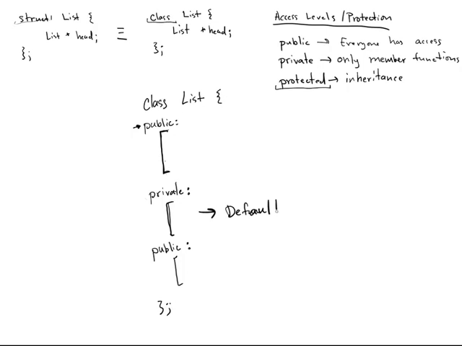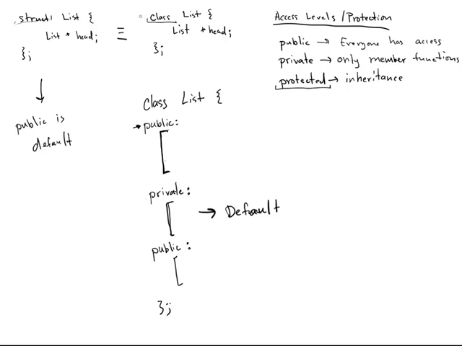The difference between a struct and a class, and this is really the only difference in C++, is that for a struct, the default is public. Public is default. So a class is private.